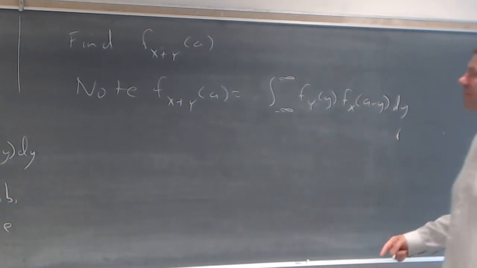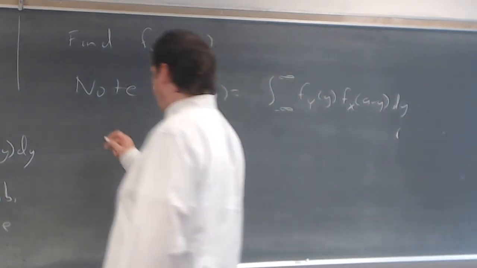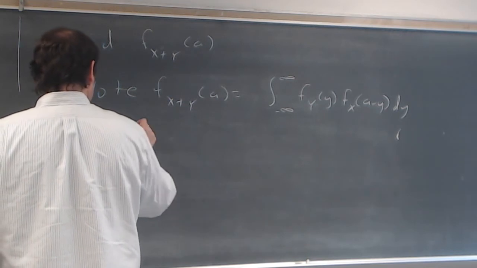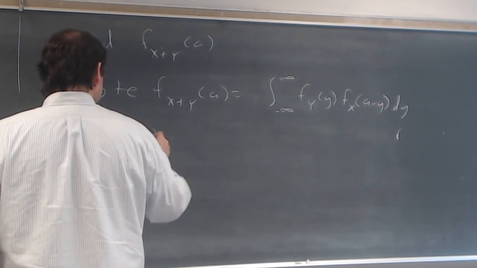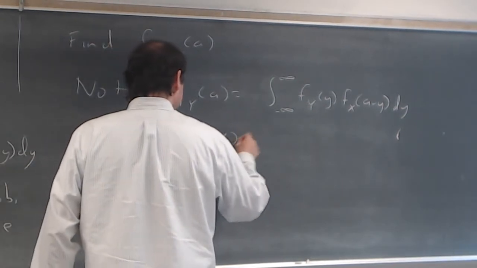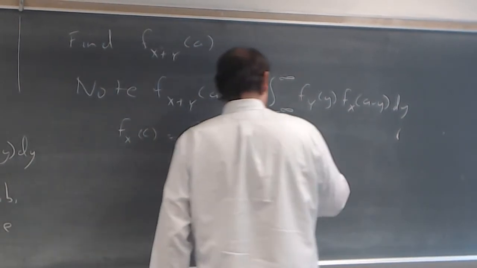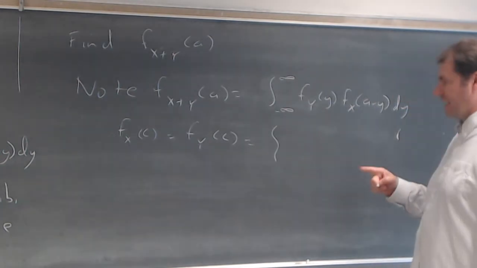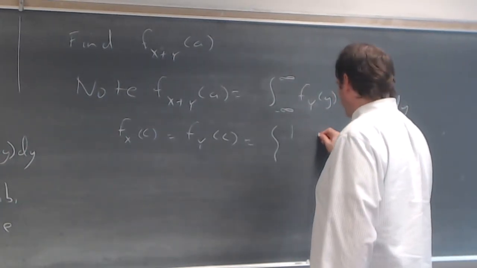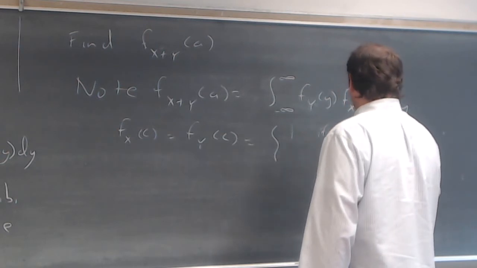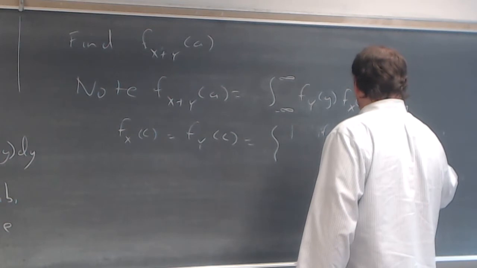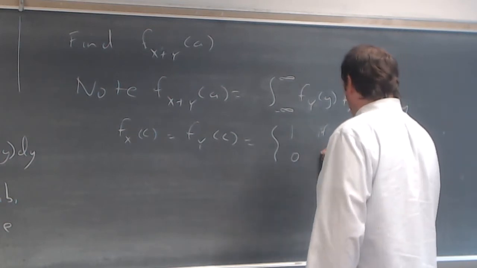Now, one thing we should recall is that a uniformly distributed random variable means that f sub X of c equals f sub Y of c, and because we're talking about it being defined over 0 to 1, it's 1 over 1 minus 0, which is just 1, if c is an element from 0 to 1, and it's 0 otherwise.